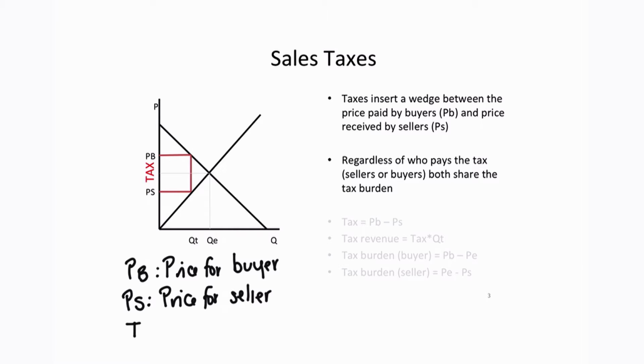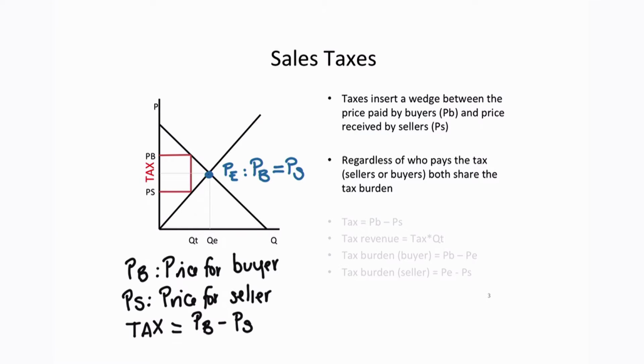So the tax is going to be the difference between these two, PB minus PS. Now, if we are in equilibrium, the price received by the buyers, PE, is the same as the price received by the sellers. The market clears. They both are facing the same prices.